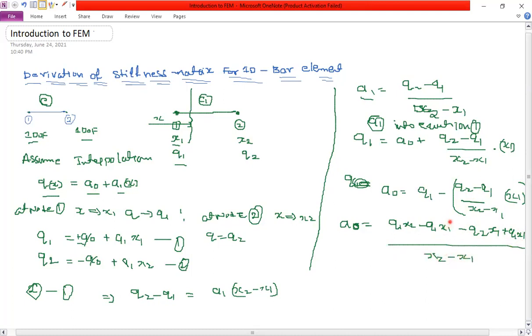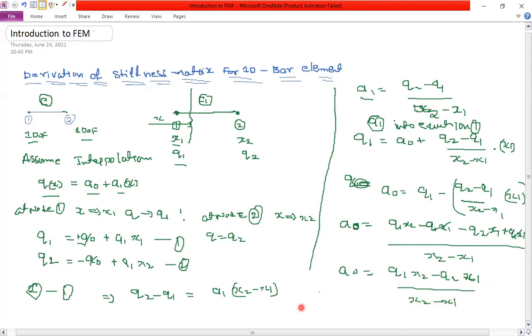Here minus q1 x1 plus q1 x1 get cancelled. So a naught can be defined as q1 x2 minus q2 x1 divided by x2 minus x1.